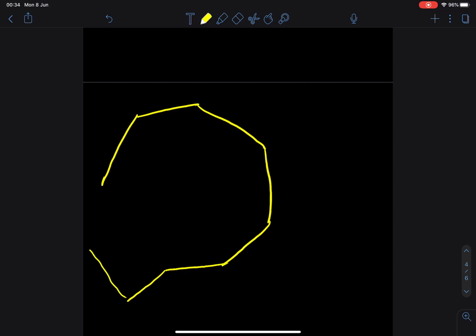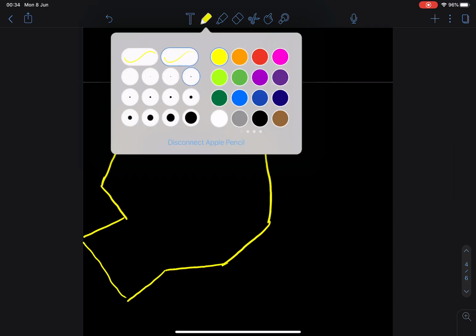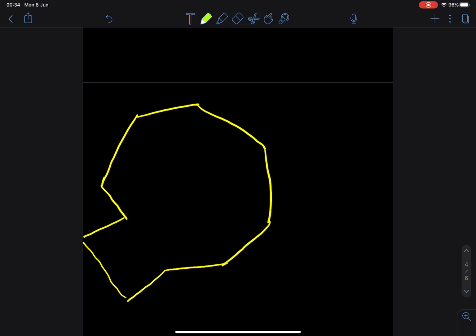What I'm going to say is I have got a, I do not know what shape that is. Okay, this one is 280 degrees.